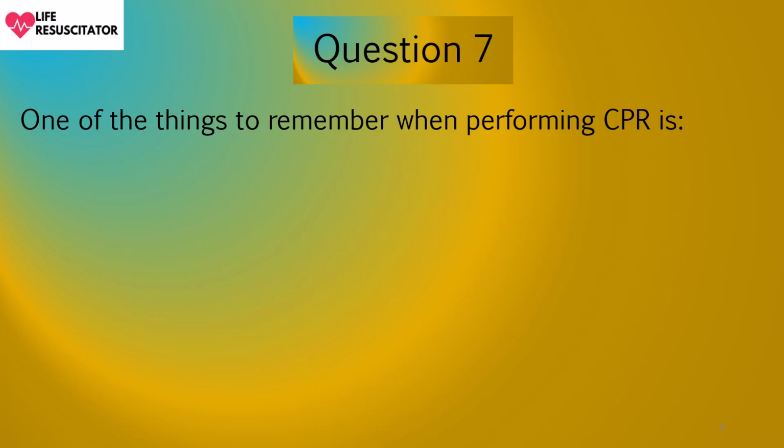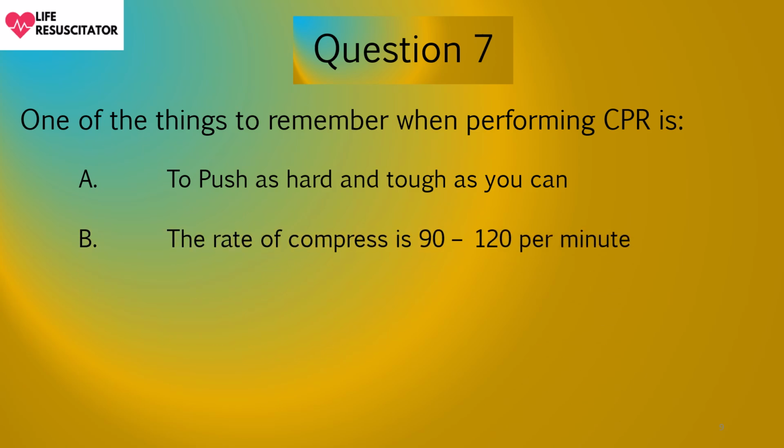One of the things to remember when performing CPR is A, to push as hard and tough as you can. B, the rate of compression is 90 to 120 per minute.